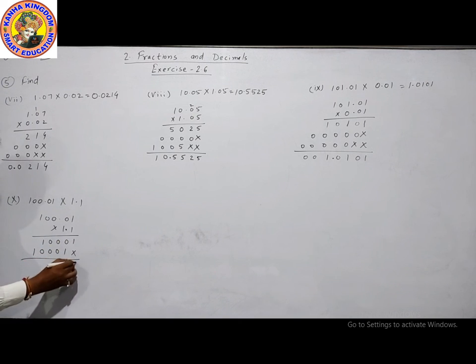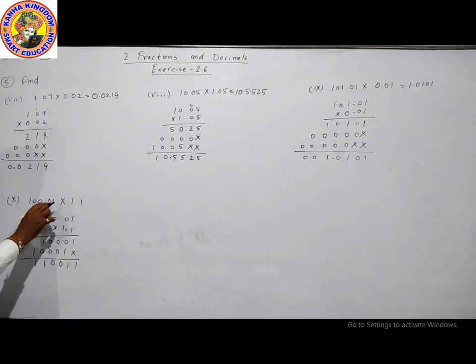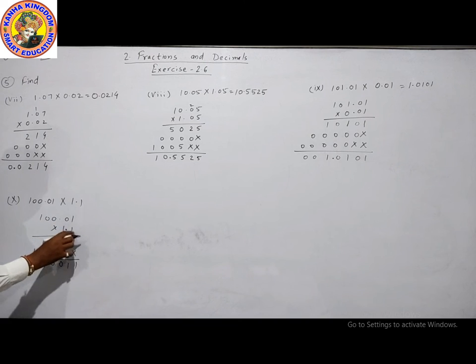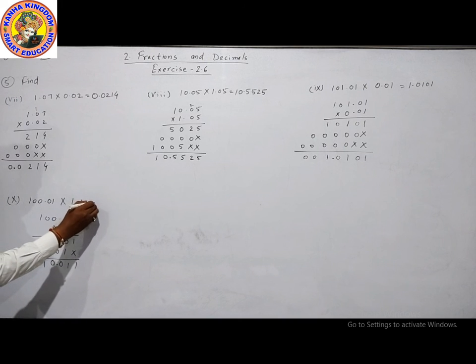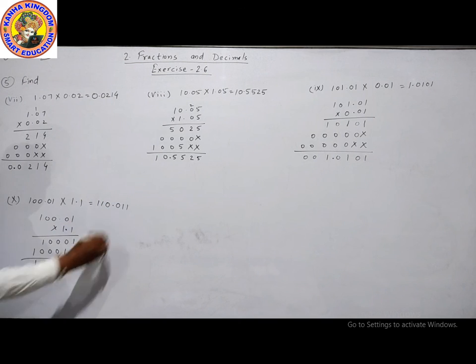Adding these: 1, 1, 0, 0, 1, 1. Now counting of decimal points: 1, 2, 3, after 3 digits the decimal point will be placed. So the answer is 110.011. This is our answer.